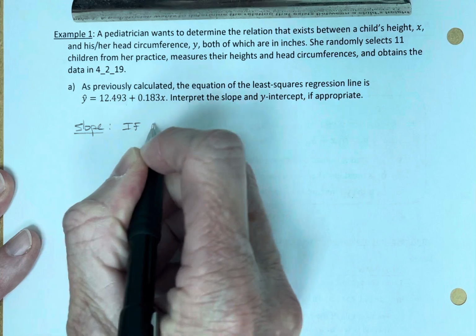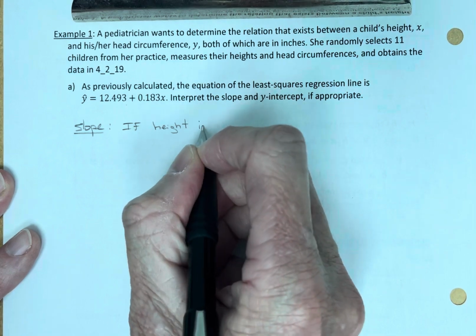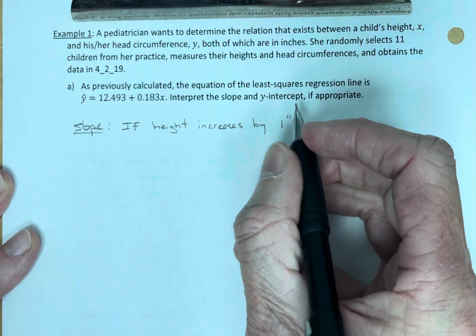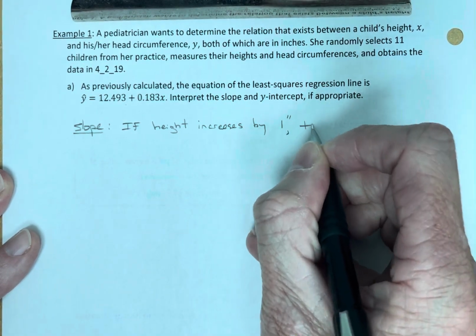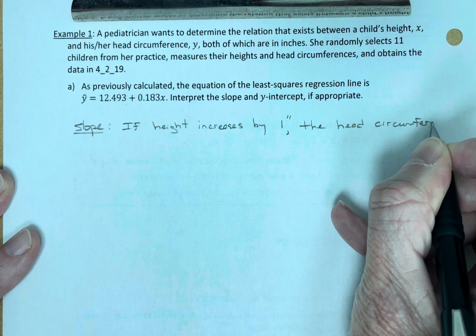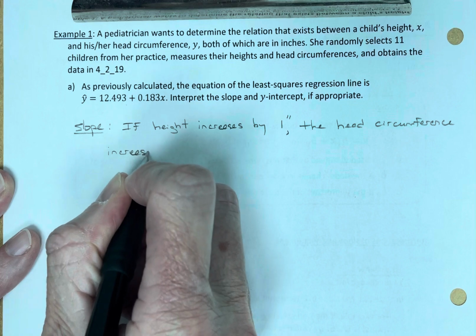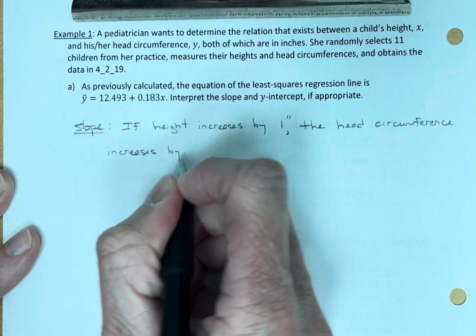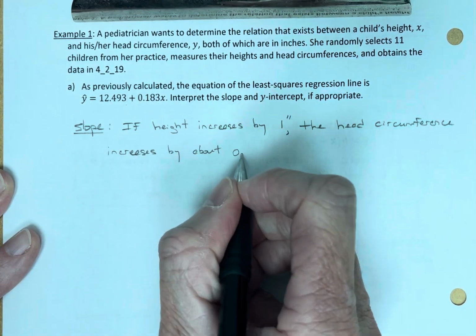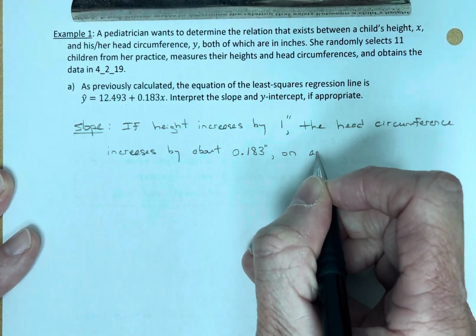So if height, which is the x variable, increases by 1 inch, the head circumference increases by about, and here's our slope, 0.183 inches on average.